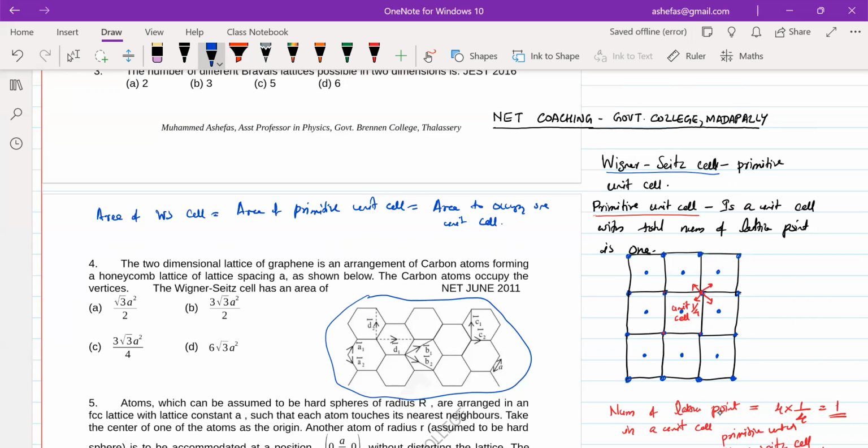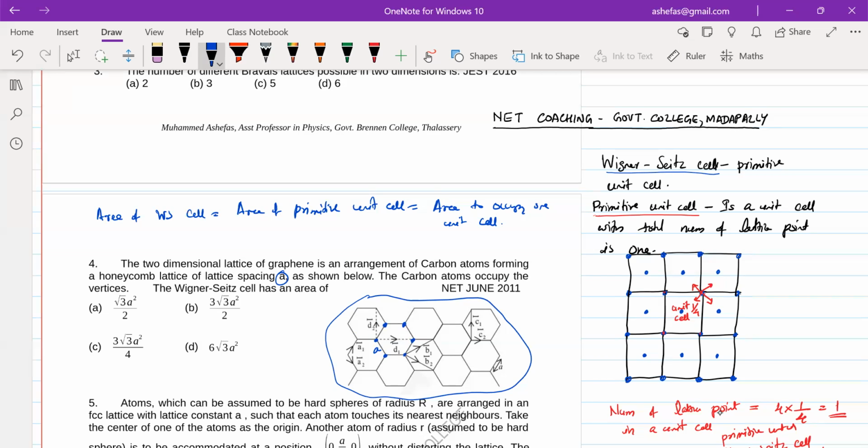Now this is a rectangular, sorry, this is a hexagonal lattice. The lattice points are present at all corners, and its side is given as a. So if you find the area of this hexagon, how many lattice points does it contain?